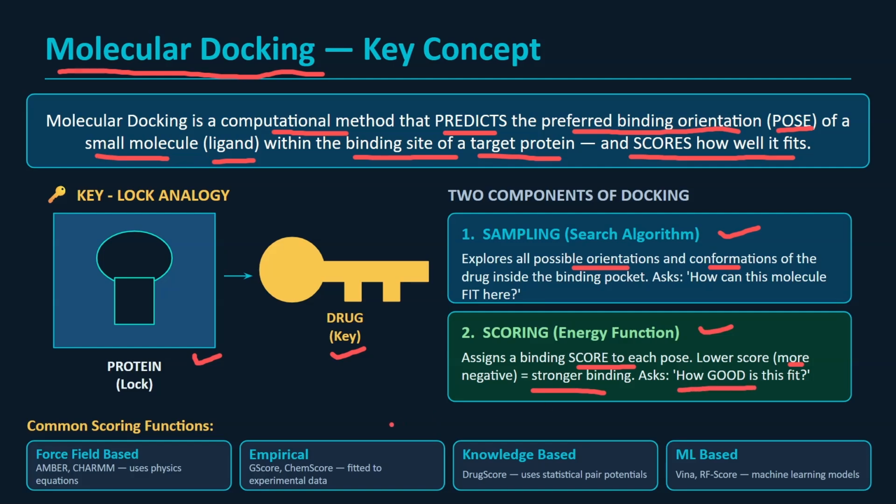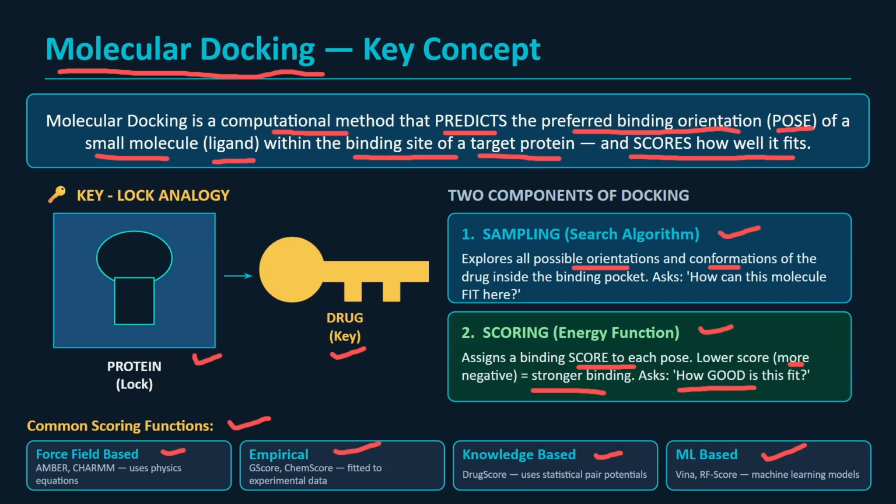There are different types of scoring functions used in molecular docking, like force field based scoring functions using physics equations like AMBER and CHARMM, and empirical functions. We also have knowledge-based scoring functions and ML-based scoring functions.